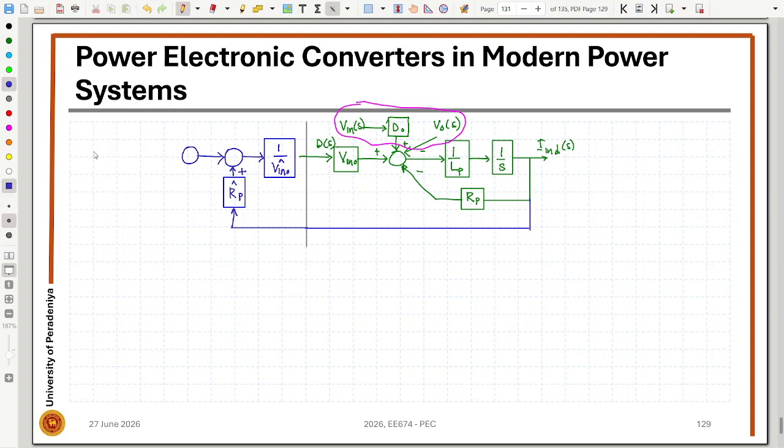We will assume that we are going to use a PI controller. So we have I inductance reference, and we get the measured value. It's the negative feedback. Then we have the proportional gain Kp, and we can have the integral gain Ki, and that can be multiplied by 1 over s, and this is going to be plus.